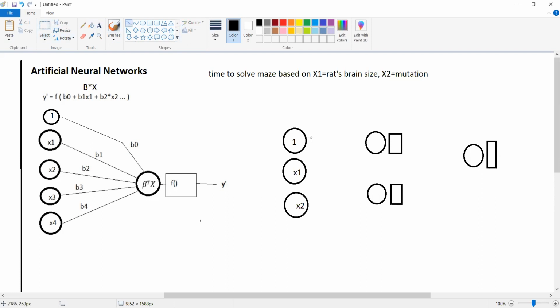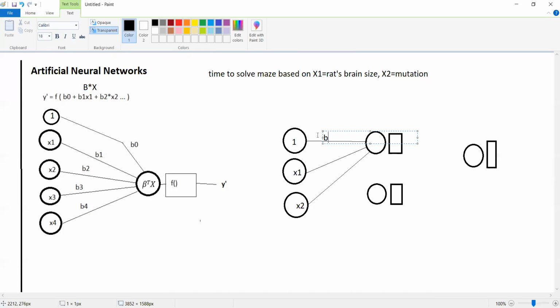I'm going to use 3 different betas. As we know, so this will be beta 0, beta 1, beta 2, and then we're going to get here the combination beta times x, and we're going to get some number, and we're going to apply a nonlinear function on that number, right?